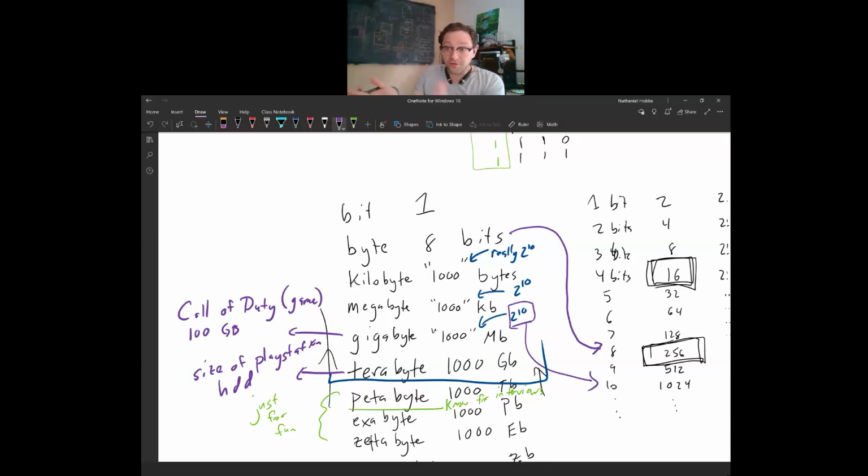So if Call of Duty is around 100 gigabytes, then on your PlayStation you might be able to install around 10 games before you run out of space. Unless it's a 2 terabyte, 3 terabyte, whatever. If it's a 1 terabyte thing, and the bigger games take up 100 gigabytes, then your PlayStation can hold maybe 10.